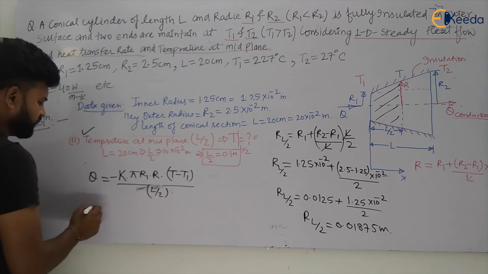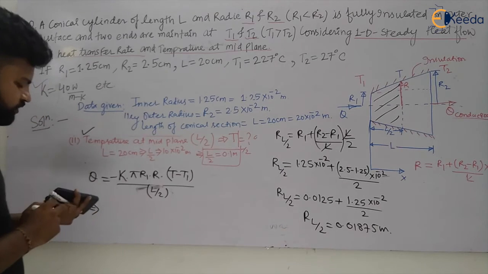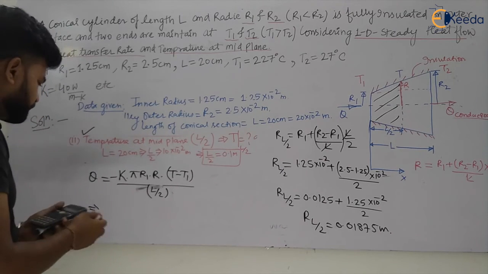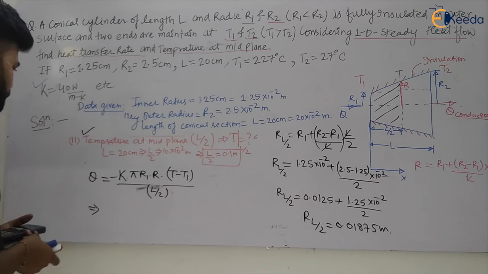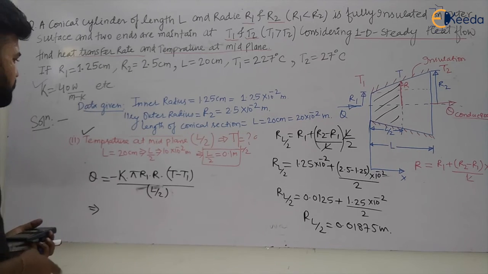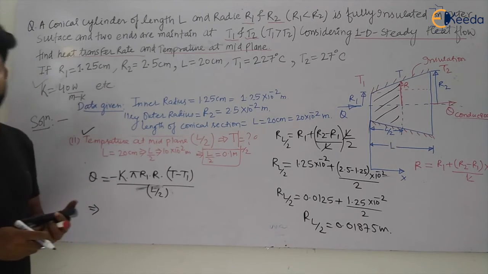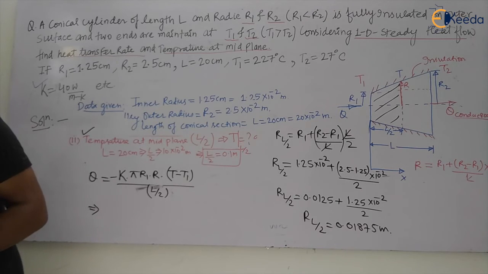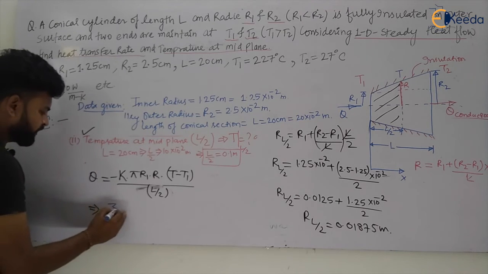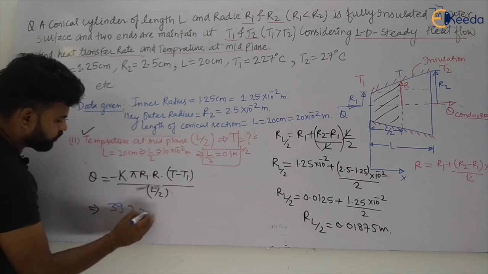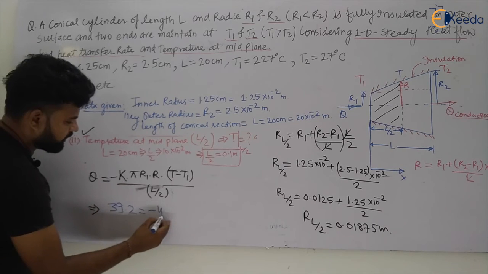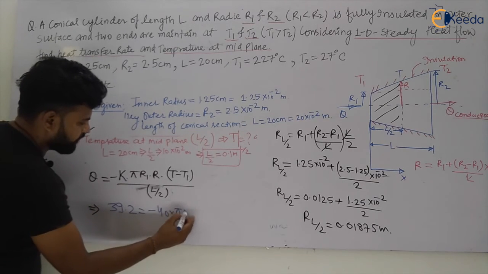So putting all values, what I will have, let us see. Heat transfer is given by how much? So heat transfer was, what we have calculated, 39.2. So 39.2 is equal to minus K, minus 40, into pi into R1.